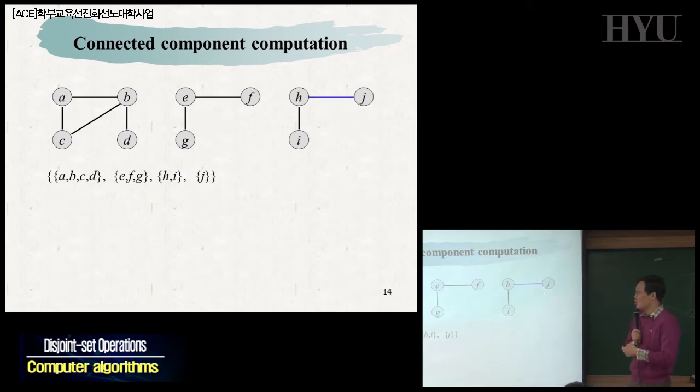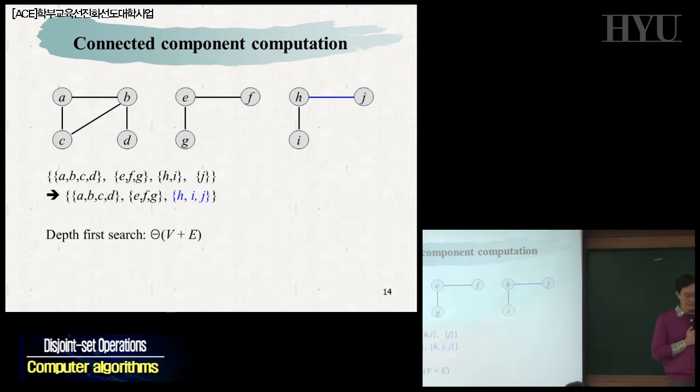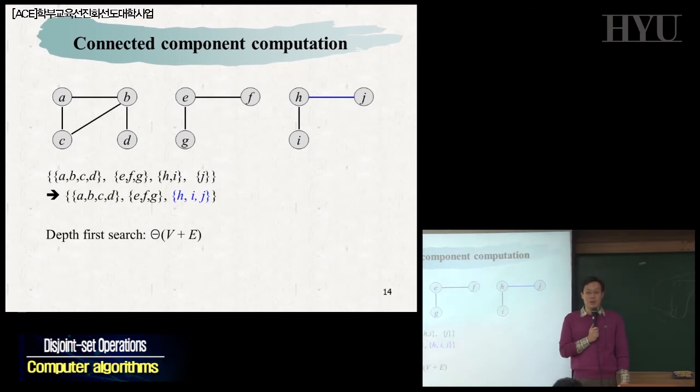Then suddenly a new edge is introduced into this graph. Then these two connected components are united. So after the introduction of this edge, there are only 3 disjoint sets by uniting these 2 sets. So only one union operation is enough.